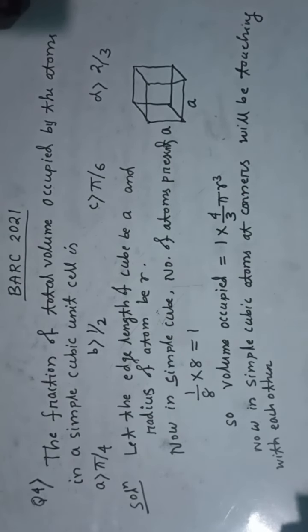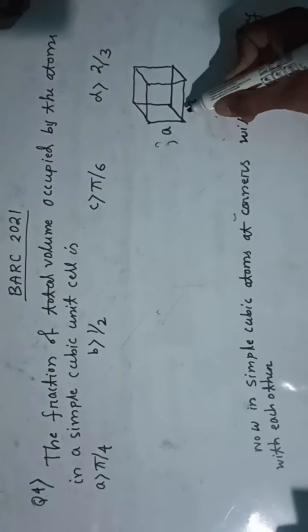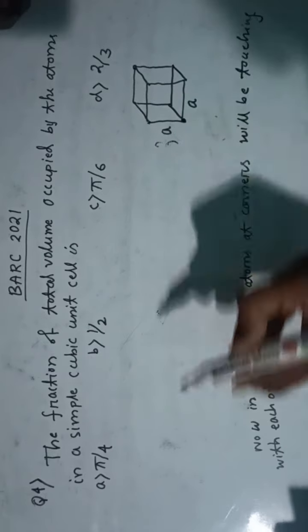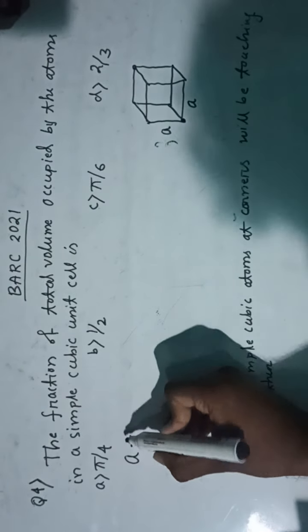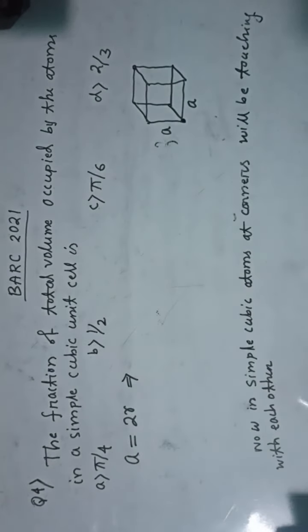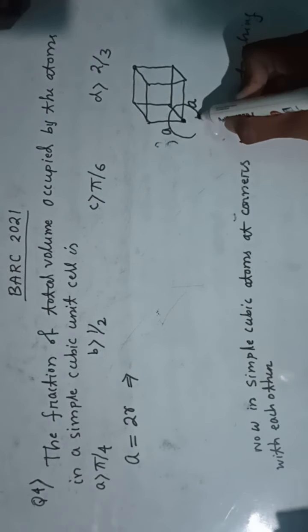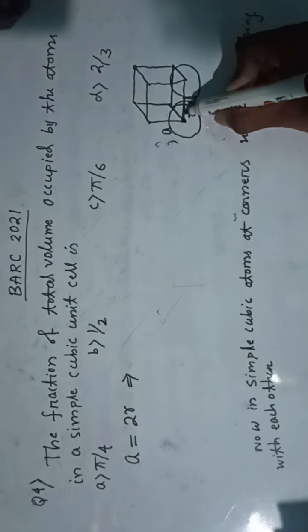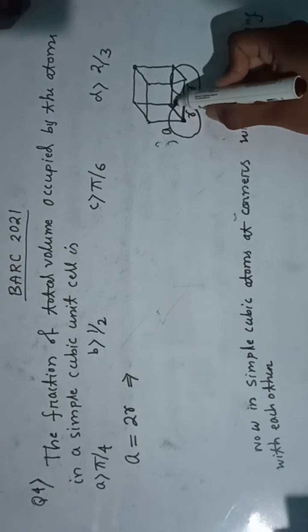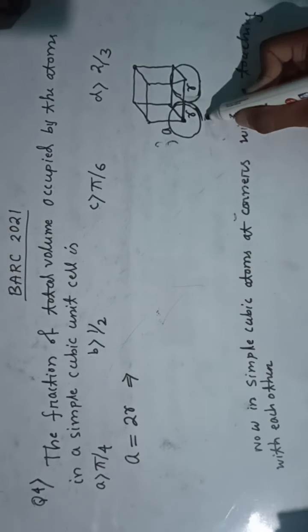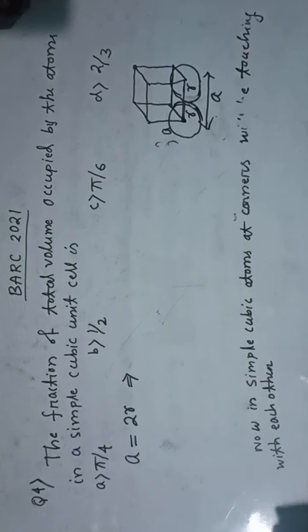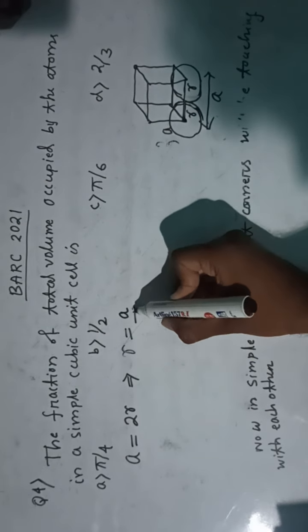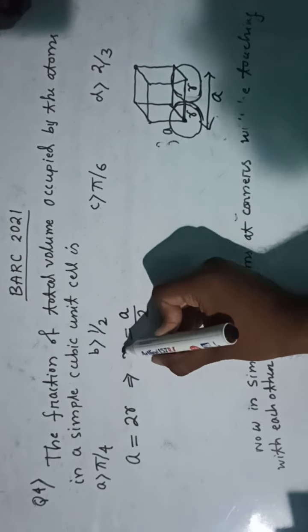This is one corner and this is another corner. Suppose you consider one atom here and another atom here, they are touching each other, and the edge length is a. So we can write a equal to 2r, as you can see from the diagram. So r will be a/2.